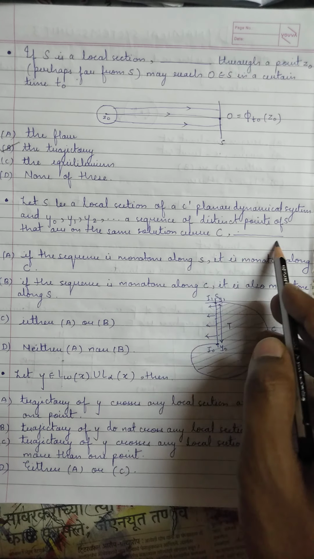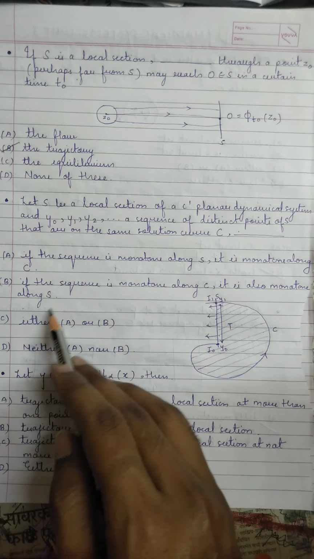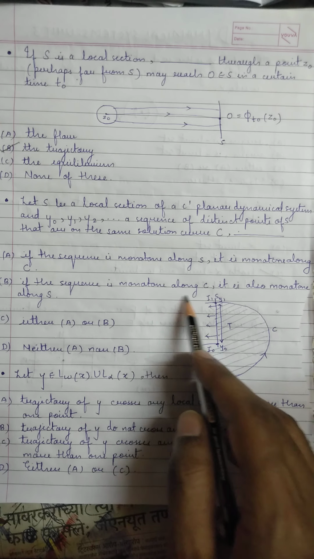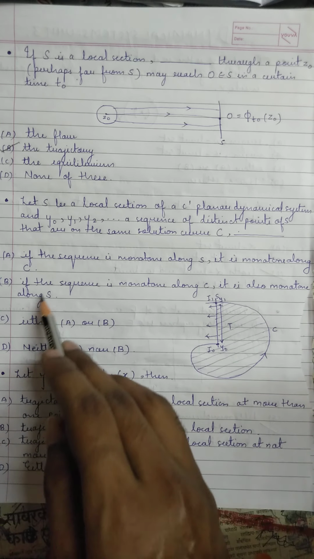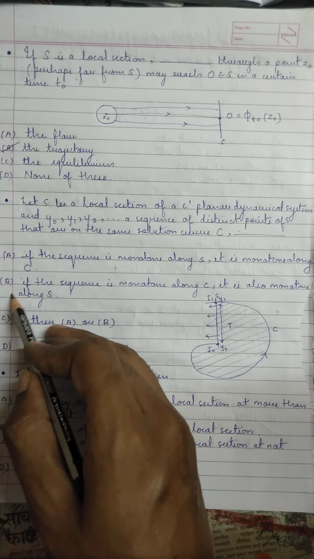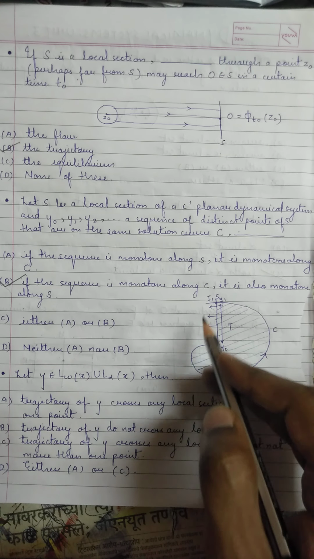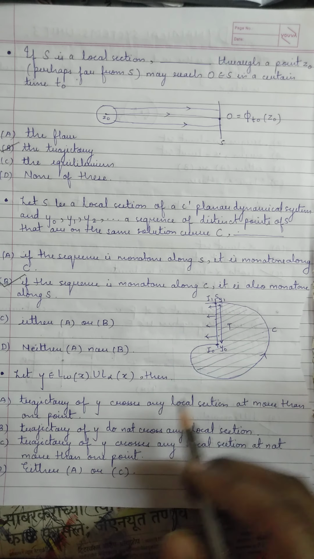Then dash: if the sequence is monotone along S, it is monotone along C; if the sequence is monotone along C, it is also monotone along S; either A or B; neither A nor B. So the option is, if the sequence is monotone along this curve C, then it is monotone along S.